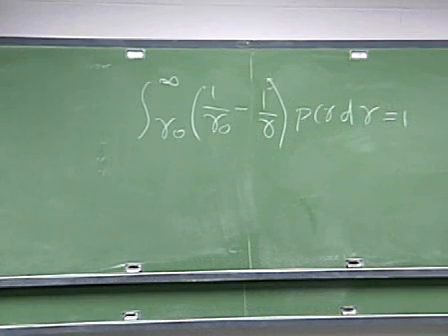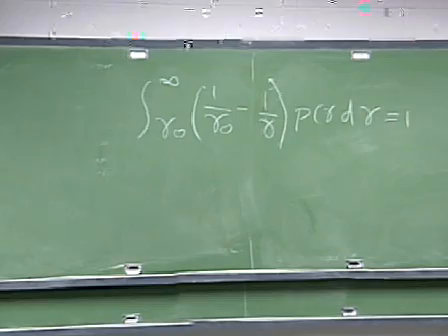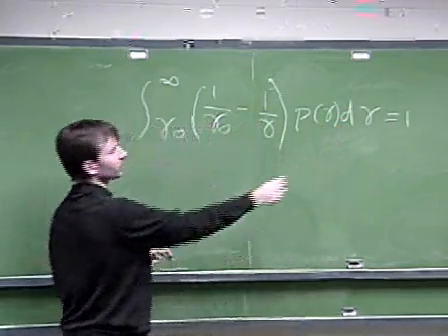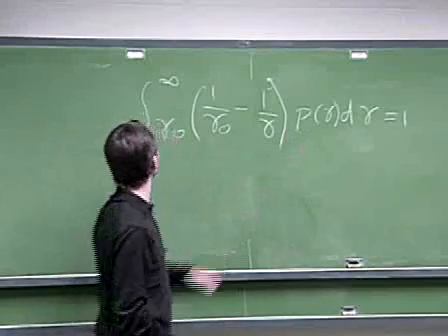You have this equation from which you have to find gamma 0. And this P gamma is the one we just saw. It's the uniform between 1 and 11.